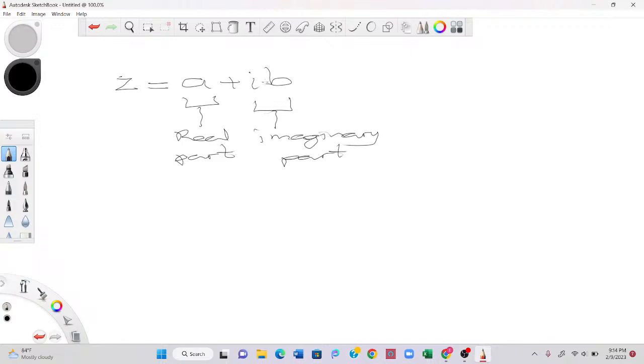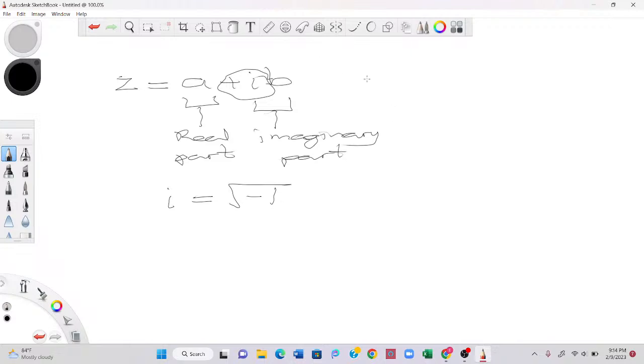So you're wondering what this i is. The i is just a symbol, the square root of -1. It's just an imaginary unit.